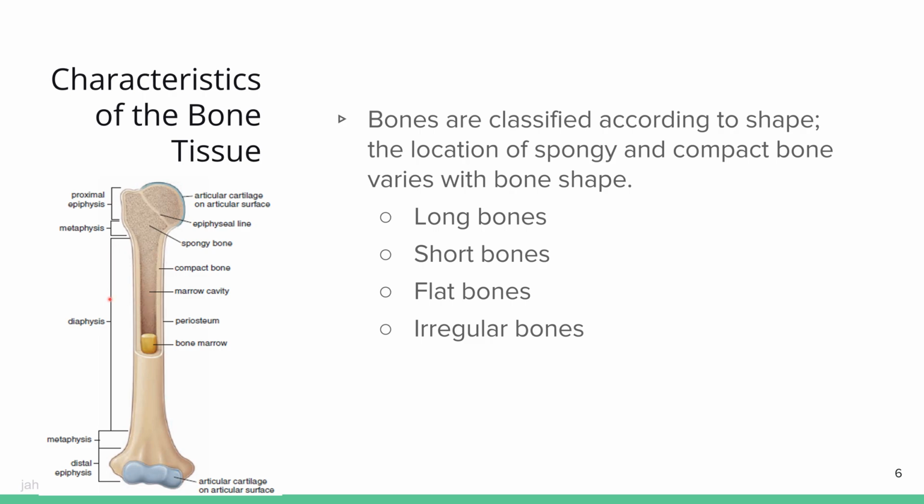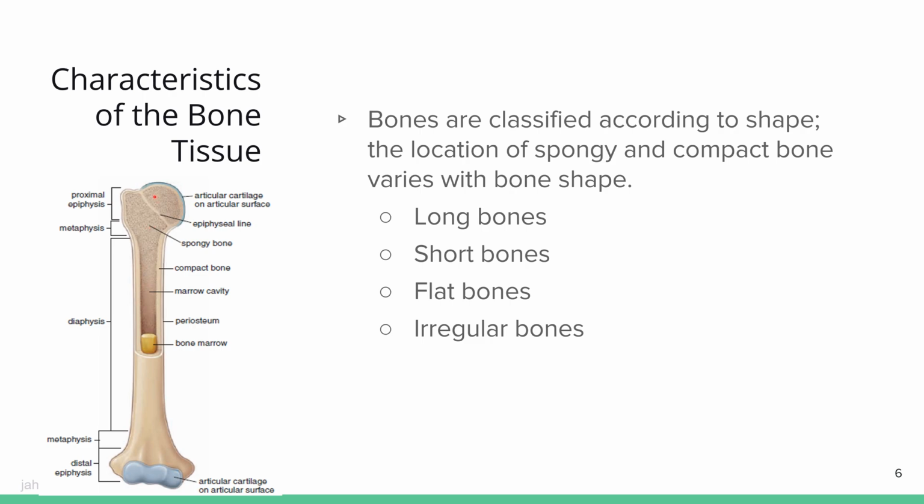In the shaft, the entire thickness of the bone here is compact, but the internal part is composed of a small amount of spongy bone which faces the marrow cavity.